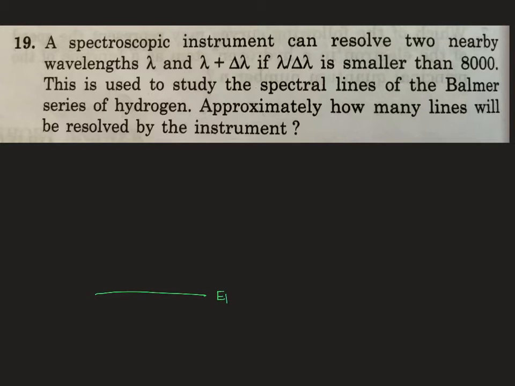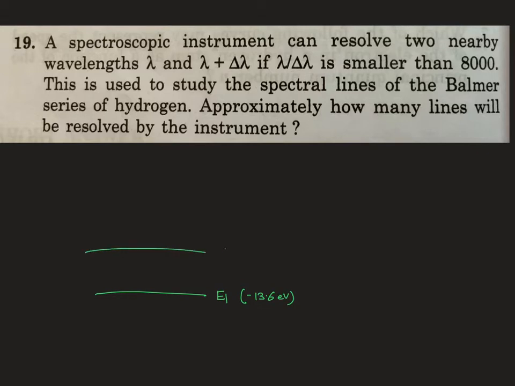E1, E2, E3 are the energy levels, and the diagram of the energy levels is exactly like this. E1 happens to be minus 13.6 eV.